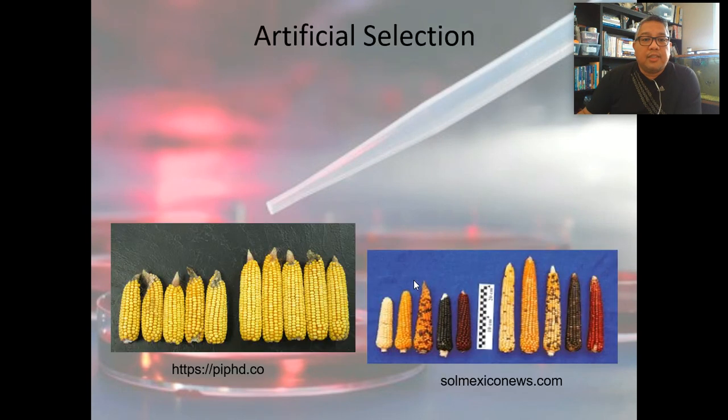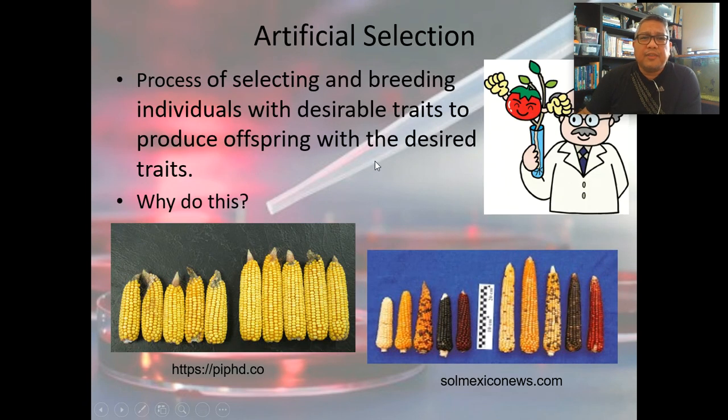Just to give you an example here, artificial selection is a process of selecting and breeding individuals with desirable traits to produce offspring with desired traits. Why do they do this? Well, look here. Which of these corns will you buy for snacks this afternoon?